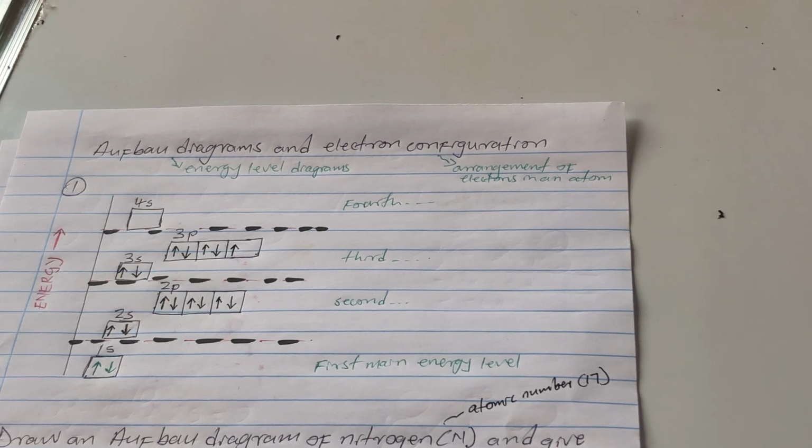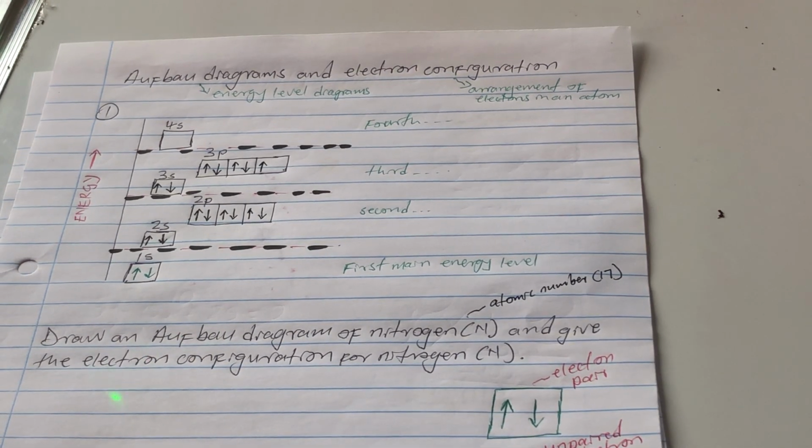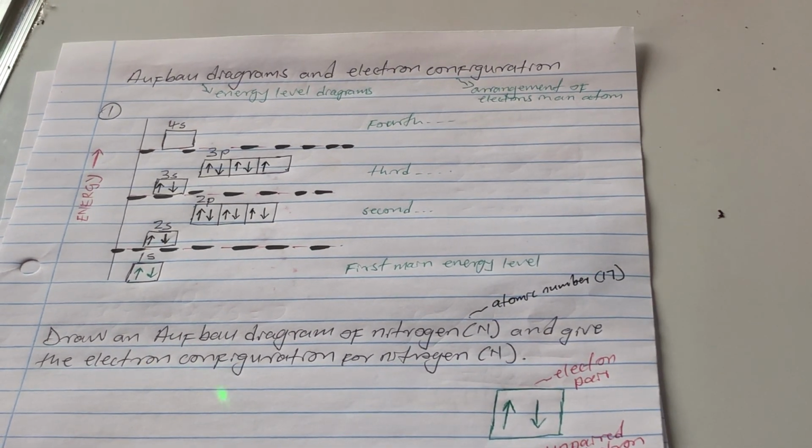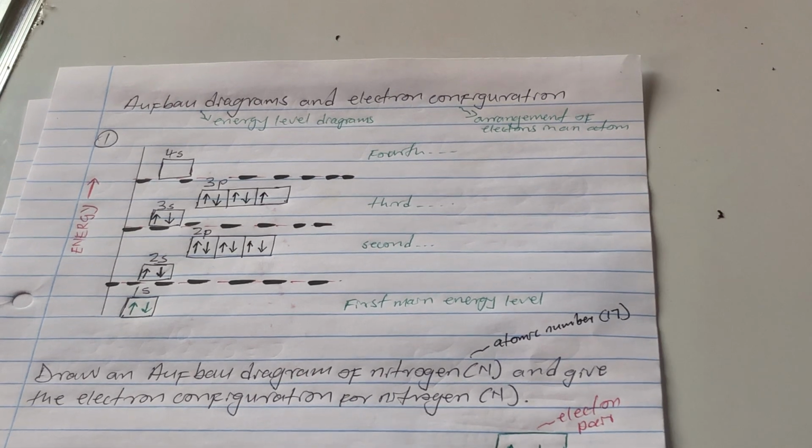So, how do we answer the second question? This one of electron configuration, which is an arrangement of electrons in an atom. We answer it in this way. The Aufbau diagram will give us the electron configuration.